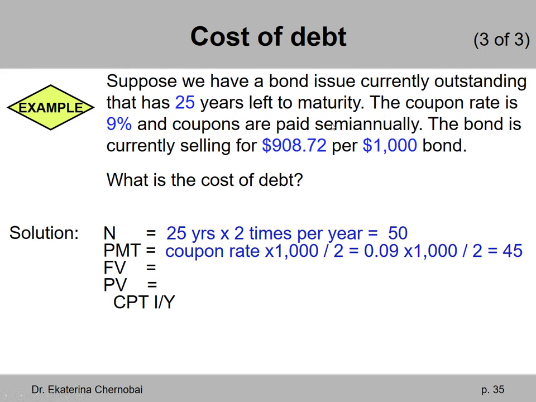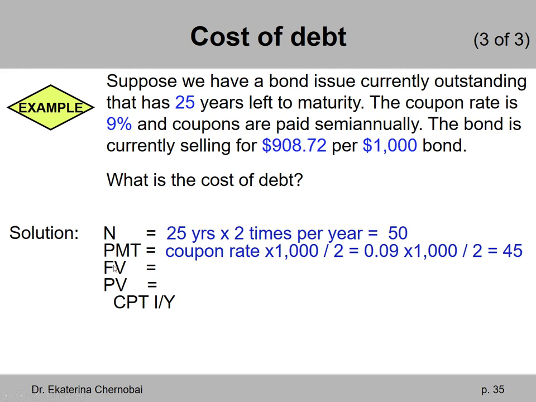Because they're paid semi-annually, every half a year, the coupon amount is half of the annual coupon amount. So coupon rate times $1,000, and then we need to divide it by 2. Plugging in the numbers, 0.09 coupon rate times 1,000 divided by 2 gives 45. So $45 every half a year, that's the coupon payment.